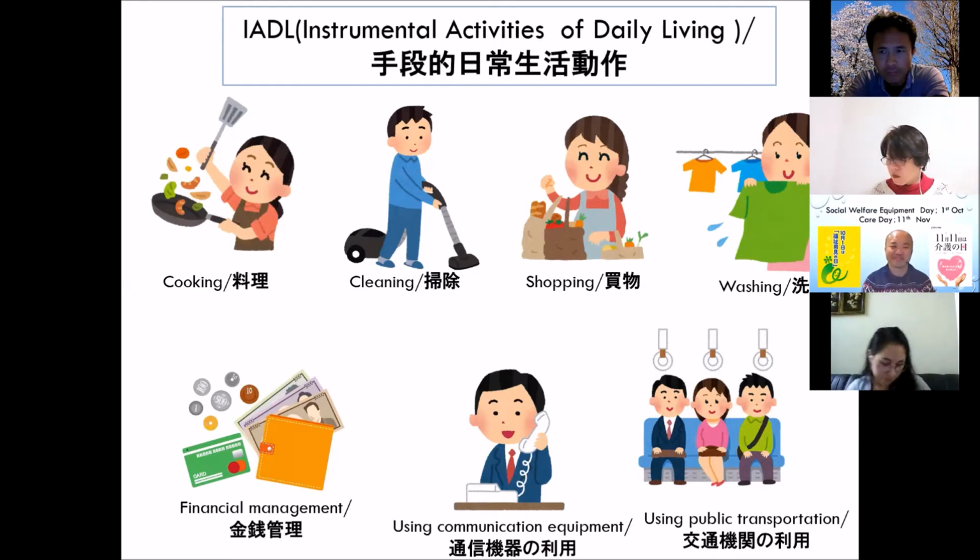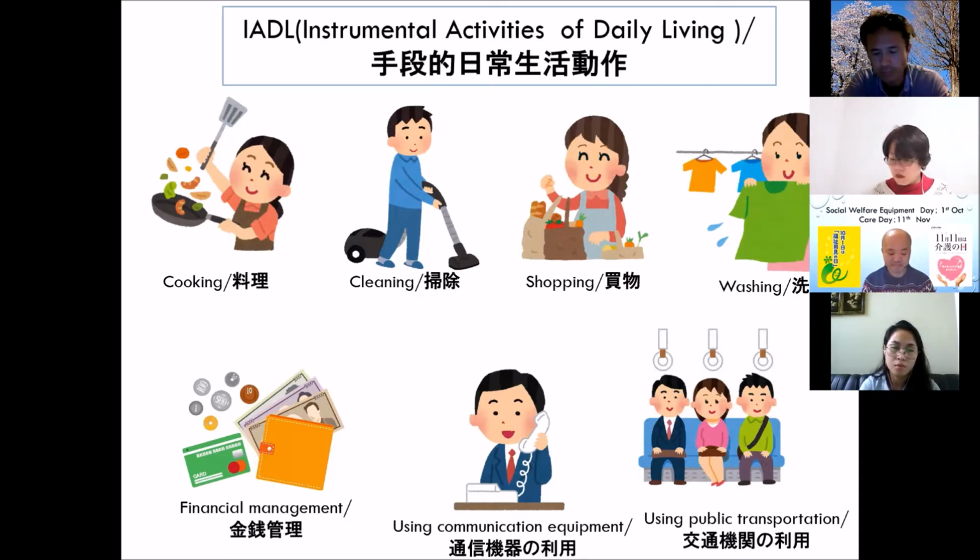Because a person with dementia has cognitive function affected, right? Cognitive impaired. When you cook, first you make a plan. What kind of food or dishes will you make for tonight?